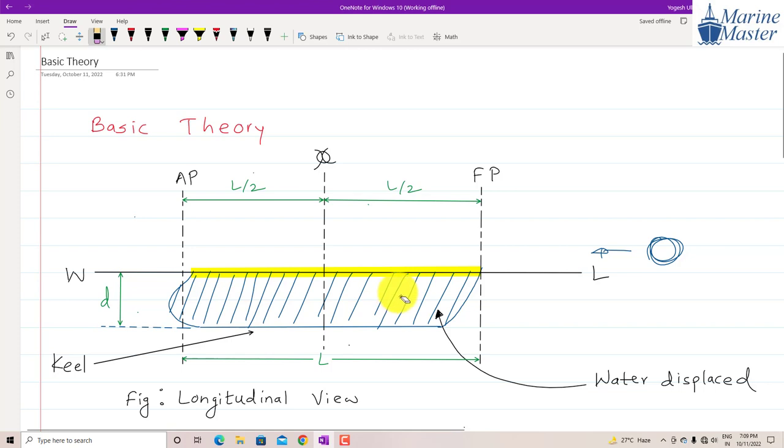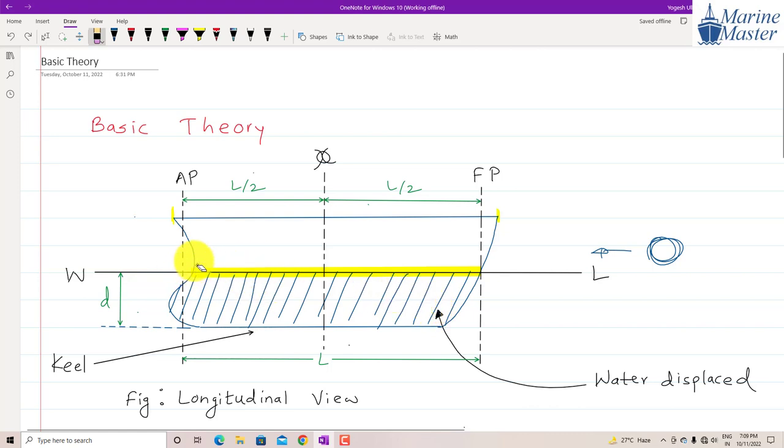See, I am explaining once again so that you will get a more detailed understanding of this portion. The portion above this water line, this one that I have highlighted in yellow, is our water line. Below this water line, water is there.